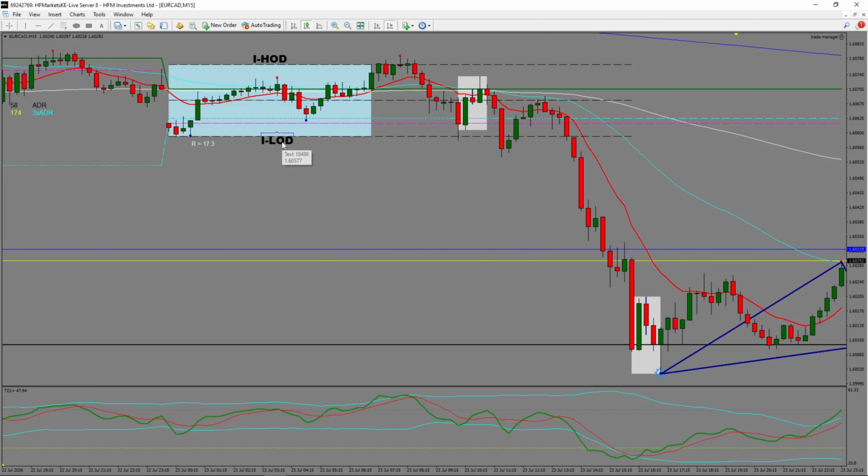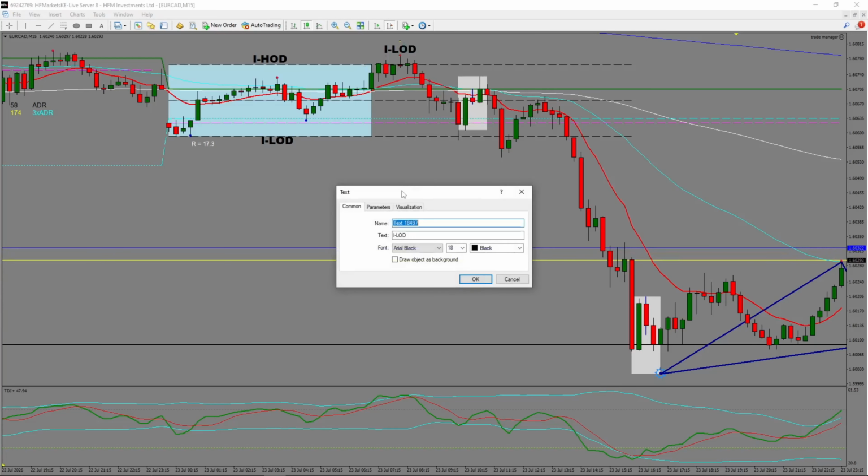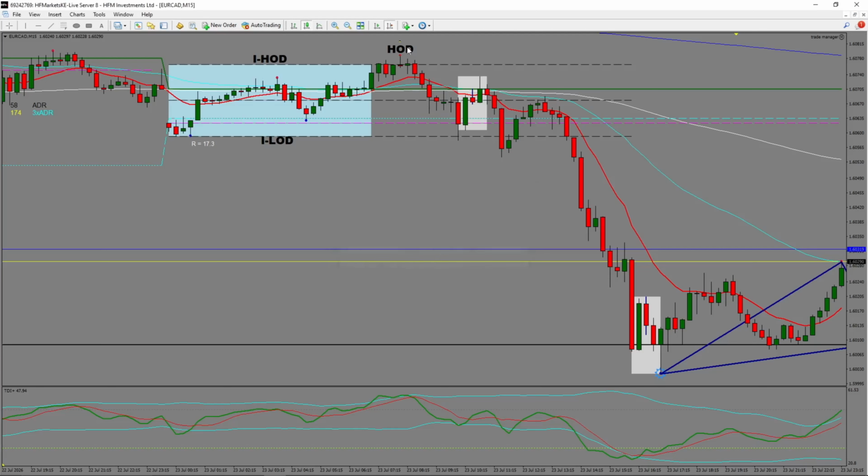Again, if you have trouble with MT4 marking, you can see the wick above, so that was your high of the day.